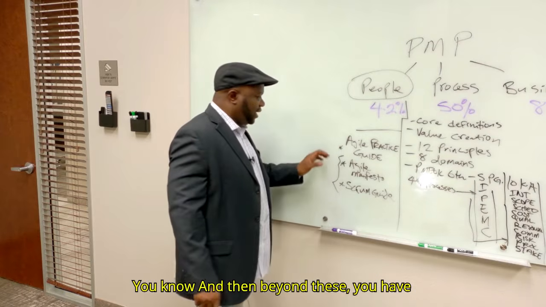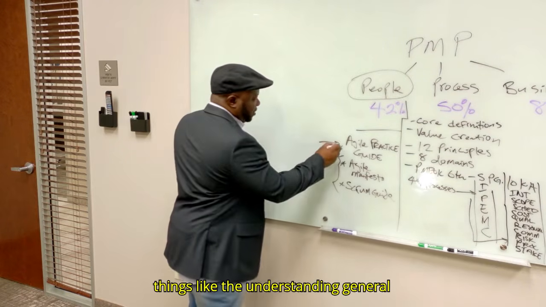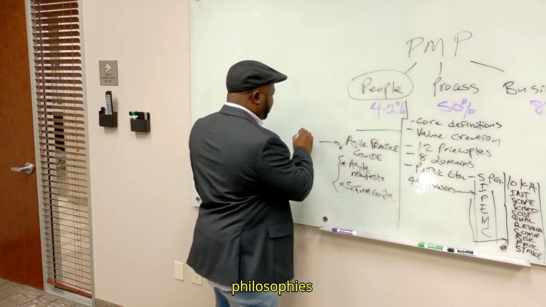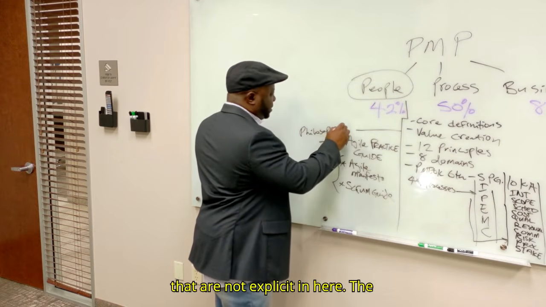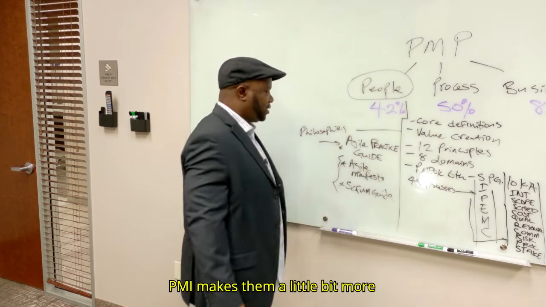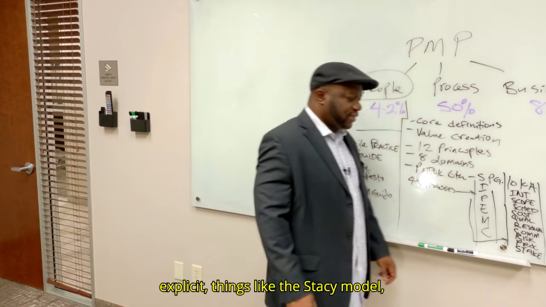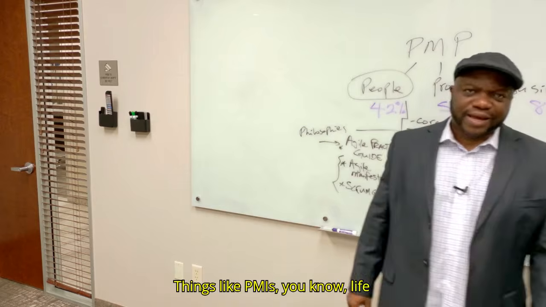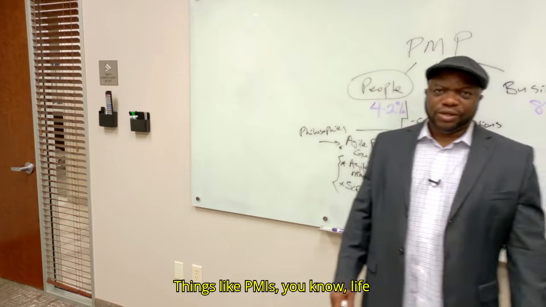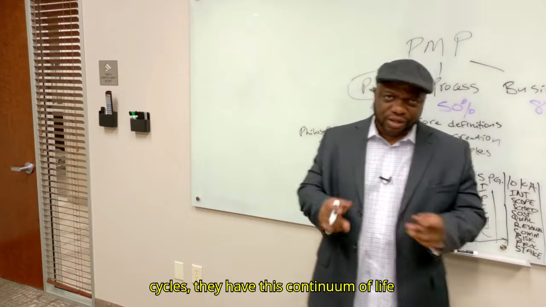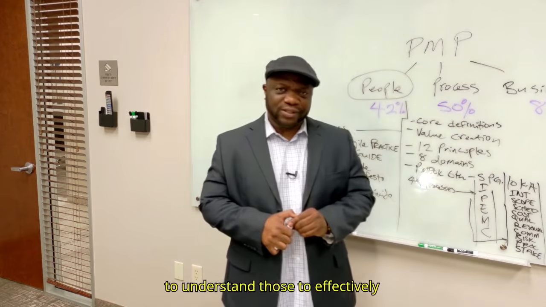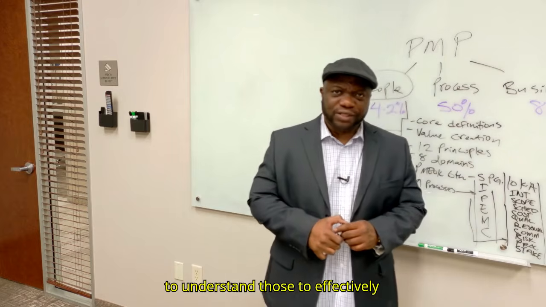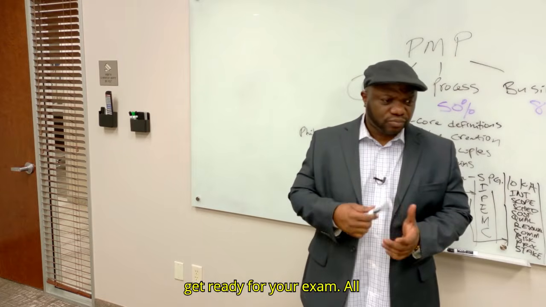And then beyond these, you have general philosophies that are not explicit in here, but the PMI makes them a little more explicit. Things like the Stacey model, things like PMI's life cycles. They have this continuum of life cycles and things like that. So you have to understand those to effectively get ready for your exam.